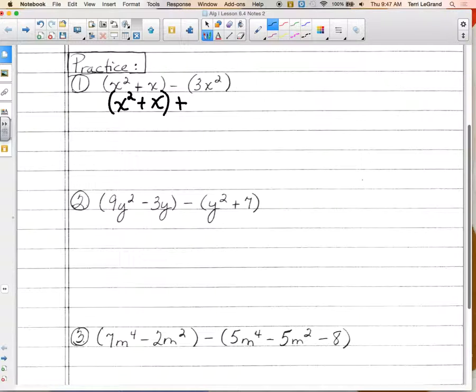When we change the subtraction between the polynomials, the polynomial that is being subtracted, every one of its monomial terms has to change to its opposite. So there's only one term to change to its opposite, so we're going to change the 3x squared to negative 3x squared.